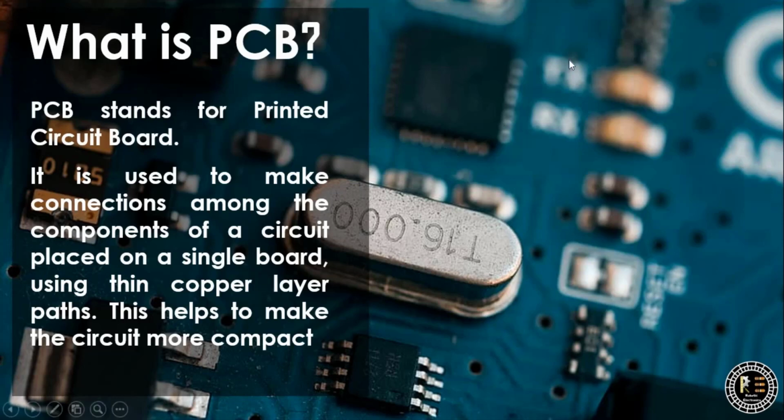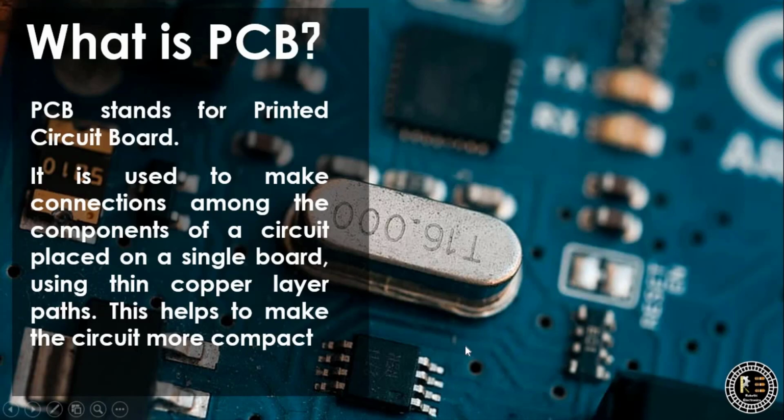As you can see in the background, there is an image of a PCB which is actually an Arduino board. This blue board is actually a PCB and these are the components. This is an IC, this is an oscillator, this is a microcontroller, and there might be resistors.